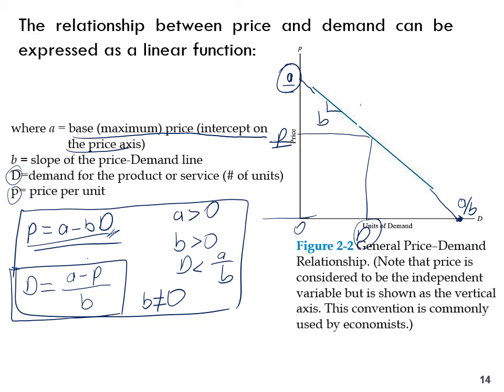If the slope of the curve is 0, it is something like this, a horizontal line, and it means that on the same price level, we will see all possible demand values. Although the price is not changing, the demand is increasing. Okay, and it's not logical. So B, the slope, cannot be 0 as well.